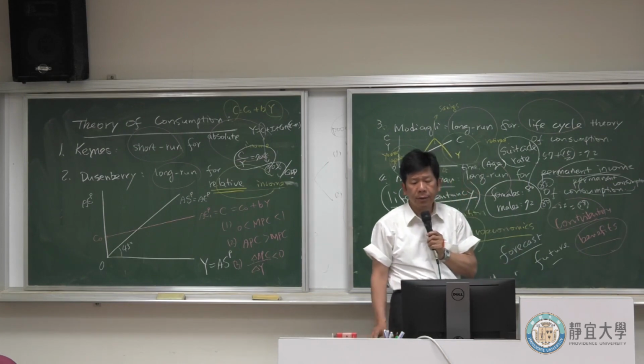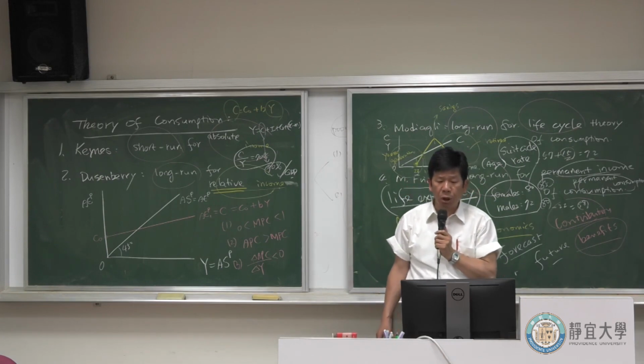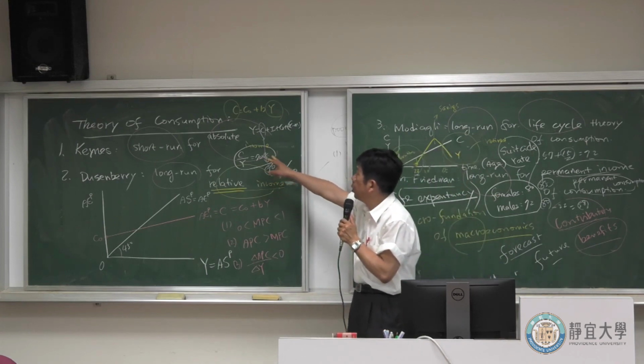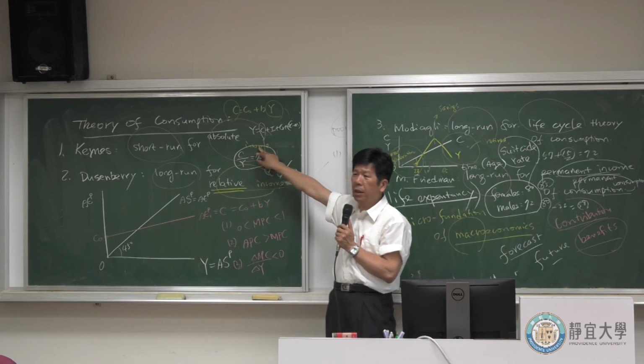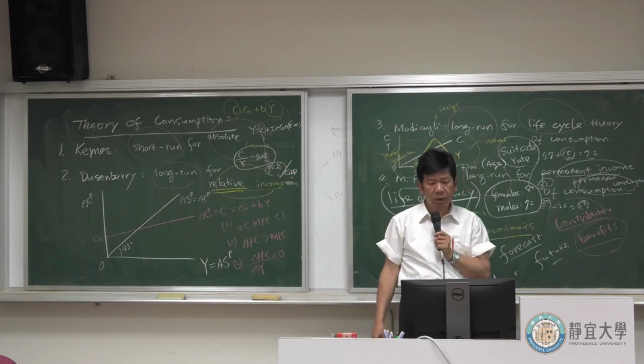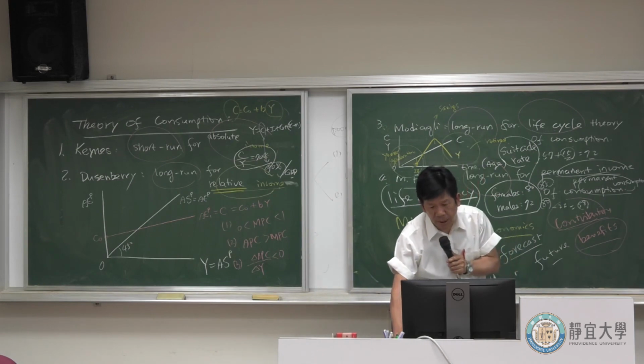In this chapter we try to understand consumption and the link between consumption and income. Here we talk about consumption theory, which is a special story about income. First, look at the Keynes model where MPC is higher.